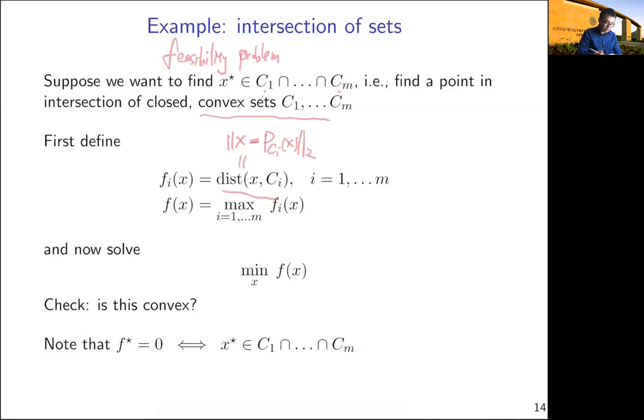Then we can solve this feasibility problem by solving an unconstrained minimization problem with this reformulation. Instead of solving the feasibility problem directly, we solve the minimization problem constructed from the maximum of the distances to the convex sets. Clearly, if we know that a solution exists, then the optimal value of this would be 0. So that would be one instance where we know what the optimal value is even before solving the problem.